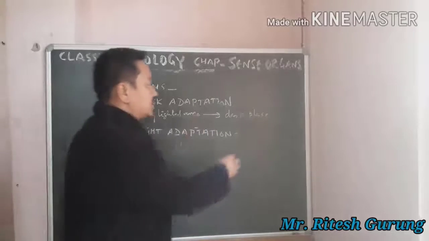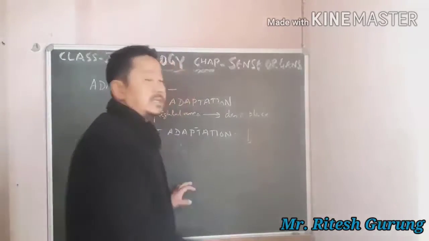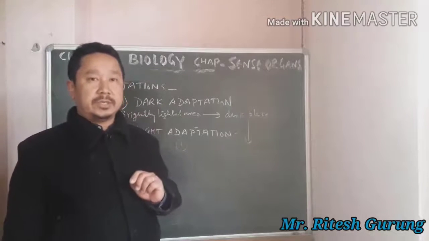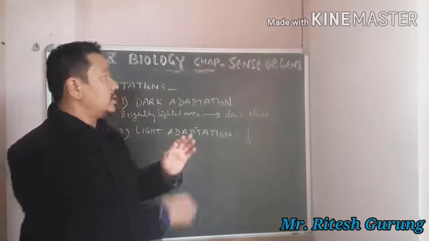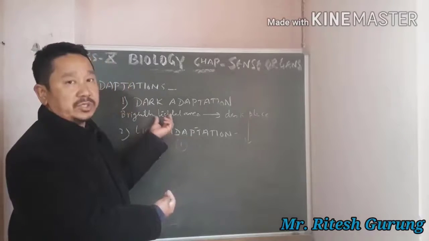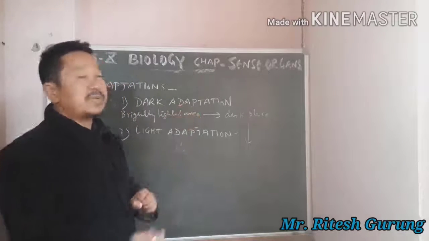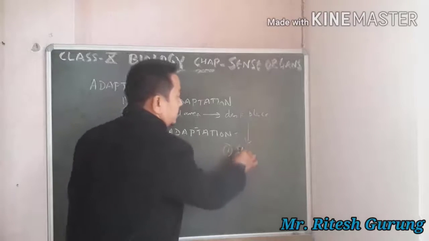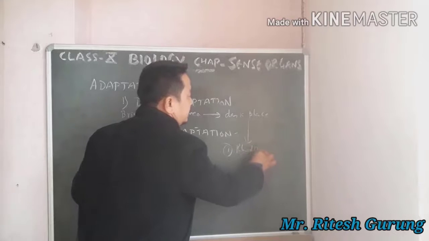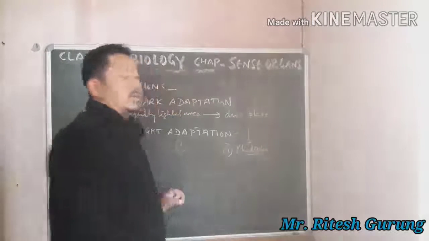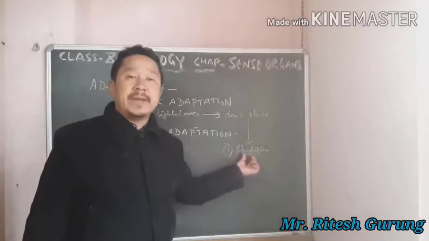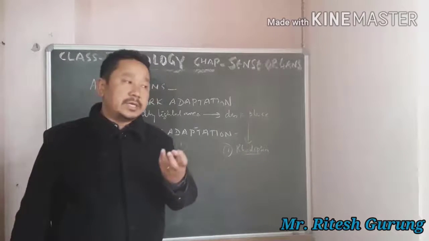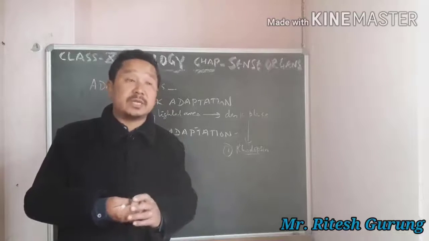And this dark adaptation mainly takes place because of two reasons. Number one, rhodopsin. Rhodopsin is the pigment of rod cells. Rod cells are a type of sensory cell of the retina.